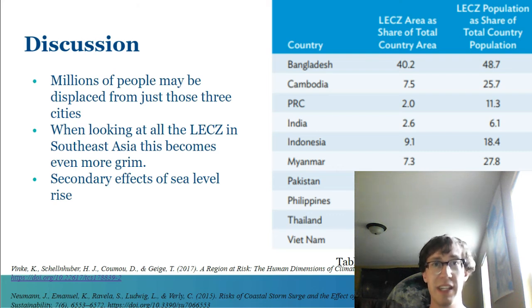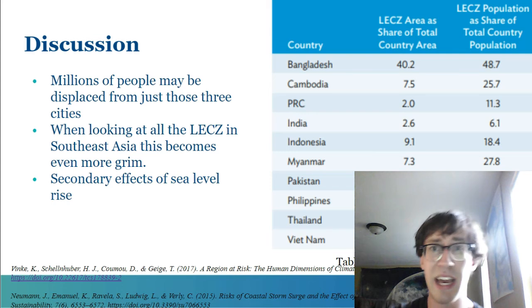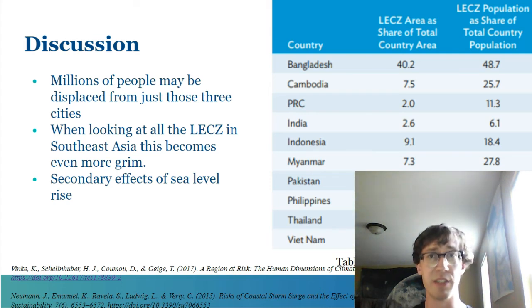And other studies have gone and looked at all the populations within low elevation coastal zones for the different areas in the countries of Southeastern Asia. And it looks even more grim than what I came up with, which you can see here.